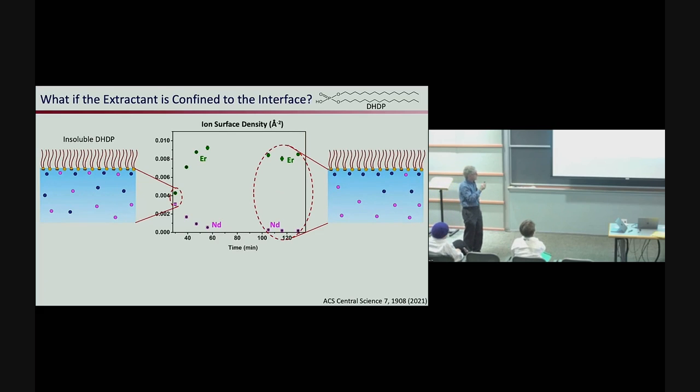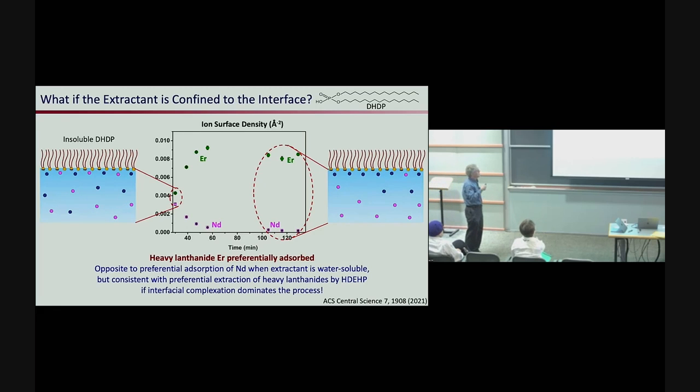So now we have a situation where the erbium, which is what is preferentially extracted, is now found at the surface. So this is exactly what we would expect, that the heavier lanthanide is preferentially absorbed. This is consistent with what is observed in industrial processes, but it does show that you will get the results of the industrial processes when the interfacial complexation dominates the process.